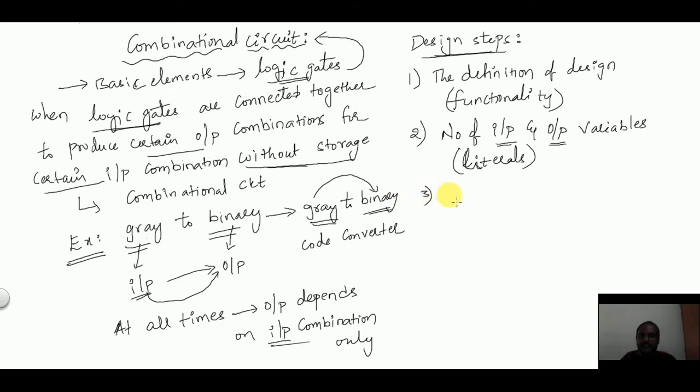The third step is assigning letter symbols to input and output variables.